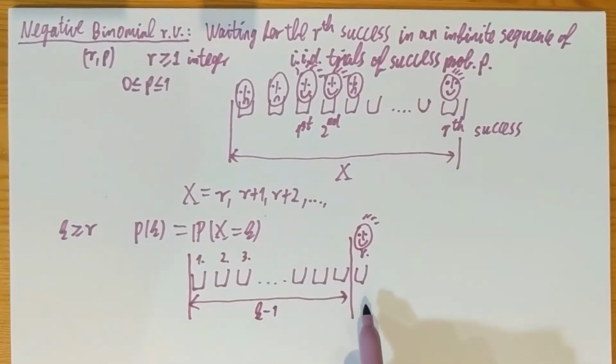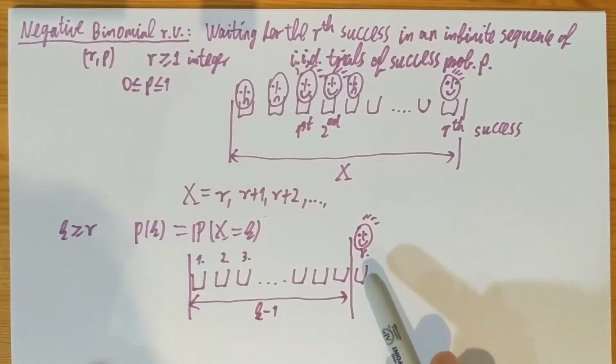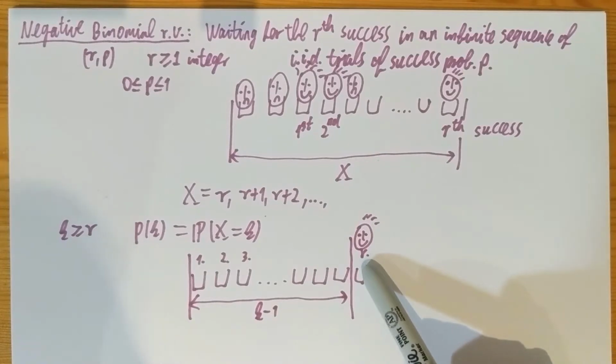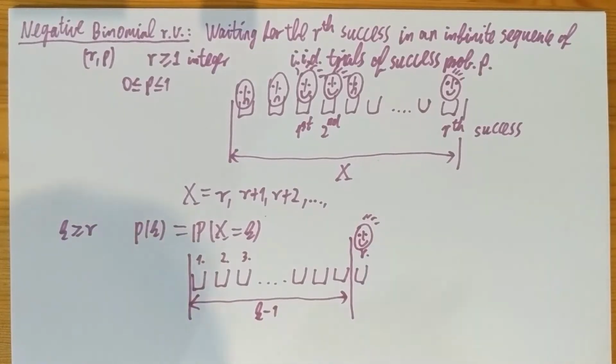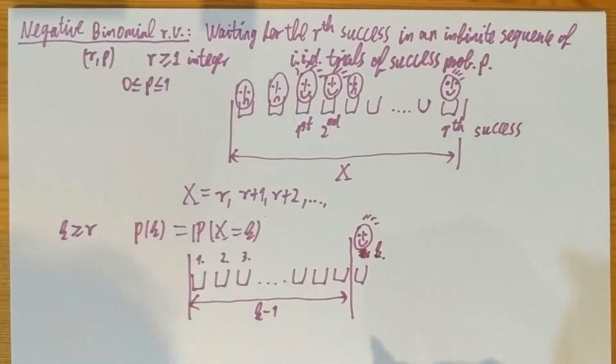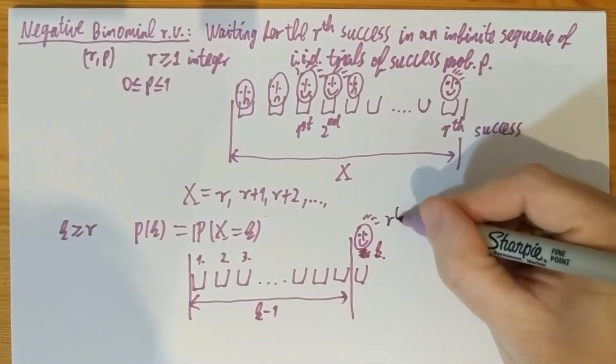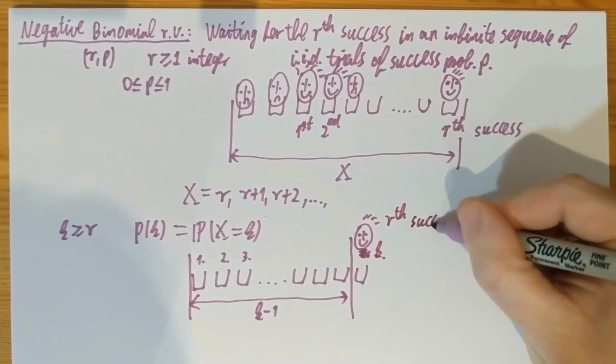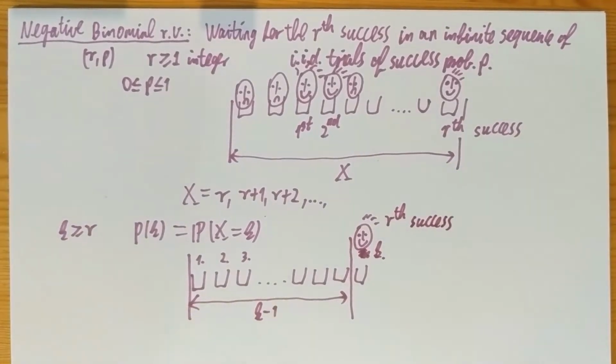So X equals K. To the R success, we have K trials. No, this should be, apologies, this should be the K'th trial, and this should be the R's success. Okay, so we're looking at a total of K trials on which we see the R's success.